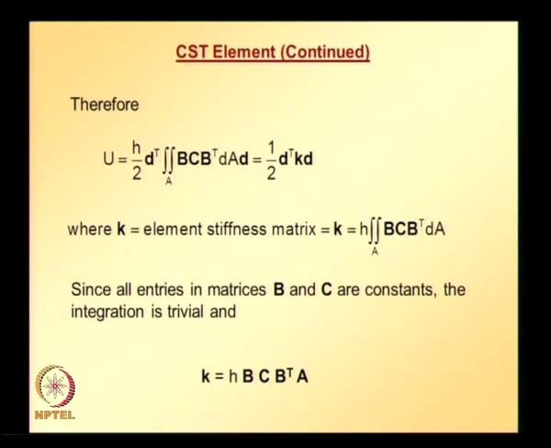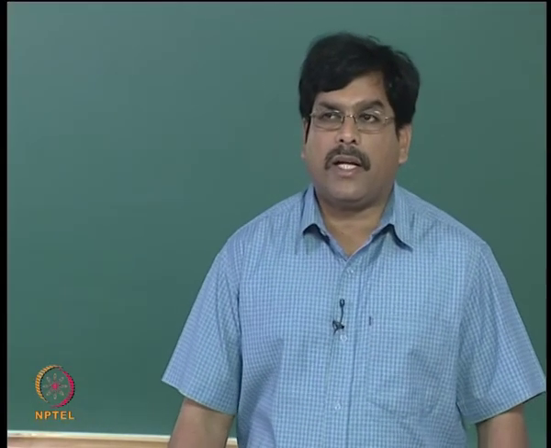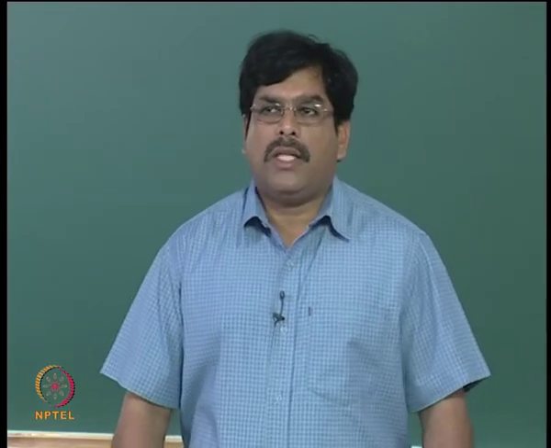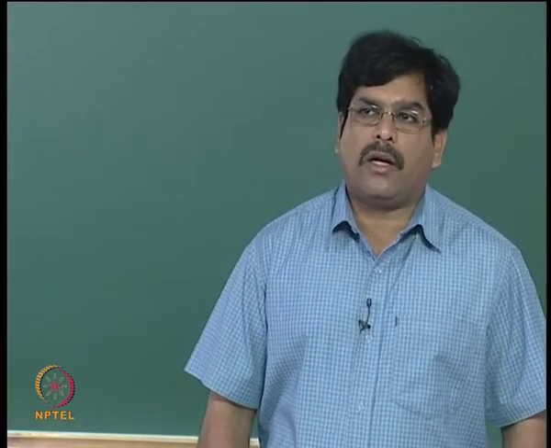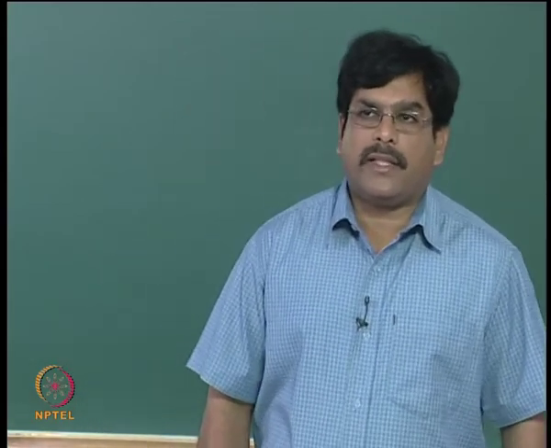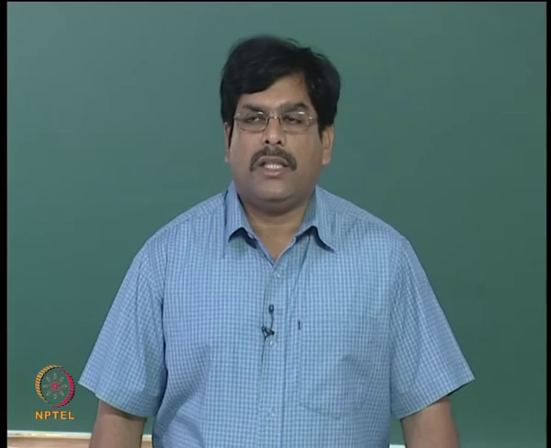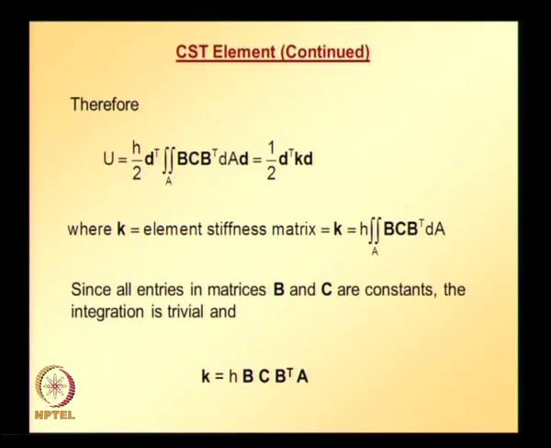reduces to this. Please note that this is valid only under the conditions that you are using a 3 node linear triangular element, which is the constant strain triangular element, and if material properties are not functions of spatial coordinates x and y. Only in that case can the stiffness matrix be directly expressed like this: H times B times C times B transpose times the area of the triangle that you are dealing with.